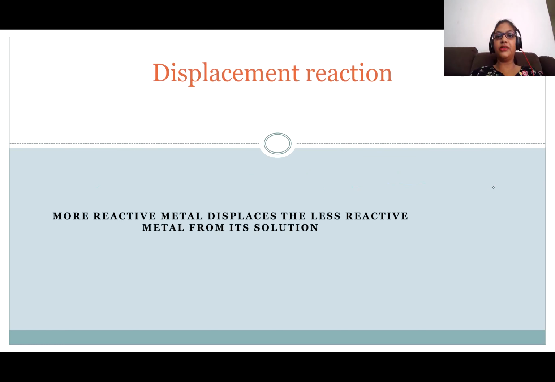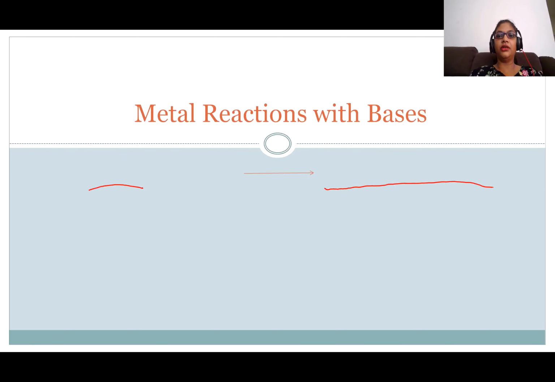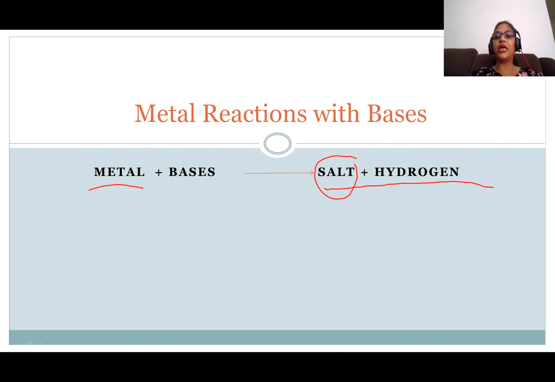Let us see some equations. But the salt formula for these bases is complex, so you don't have to go into the detail. You just have to focus on the basic equations.